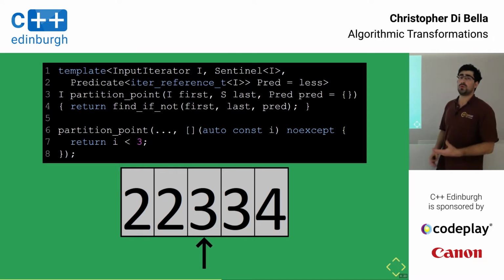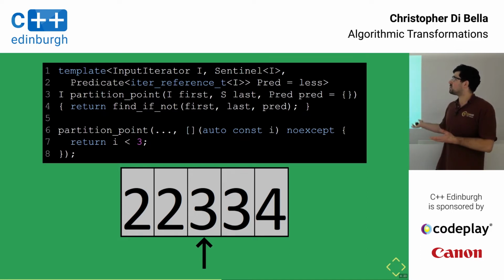We are going to look for what's called a partition point, and essentially that's where the partition stops being true for when i is no longer less than 3, and that happens at the first occurrence of a 3, because 3 is not less than 3.